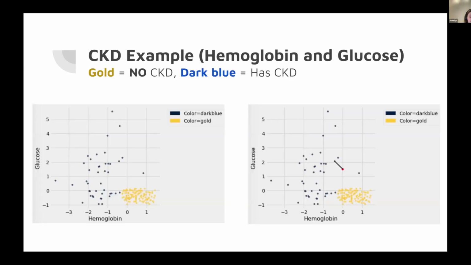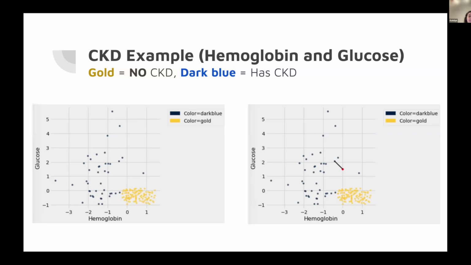You'll see two graphs. It looks a little intimidating at first, but I promise it's not. The left side is a plot of the entire set of data of all the patients who have chronic kidney disease, so they're in dark blue. You see them scattered throughout the graph. The yellow, in the bottom right, is those who do not have chronic kidney disease.